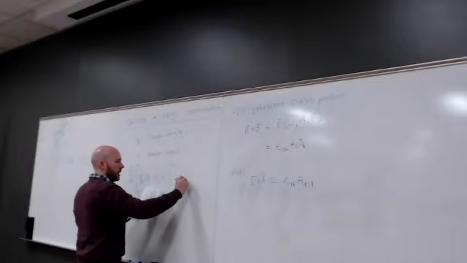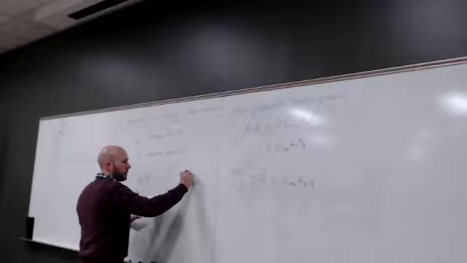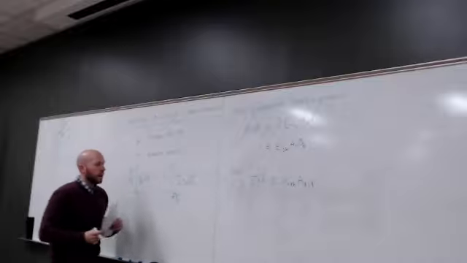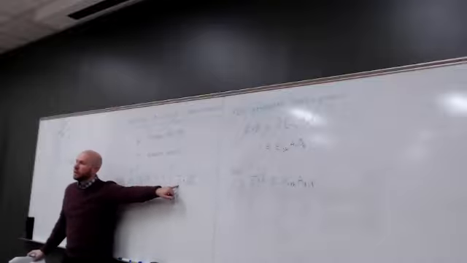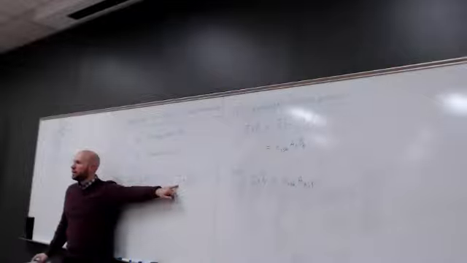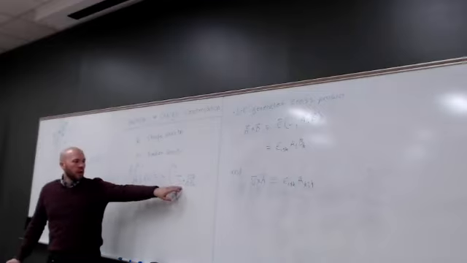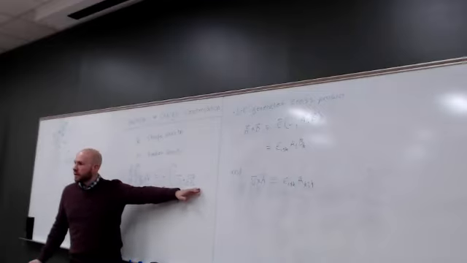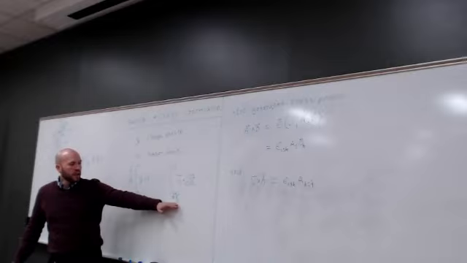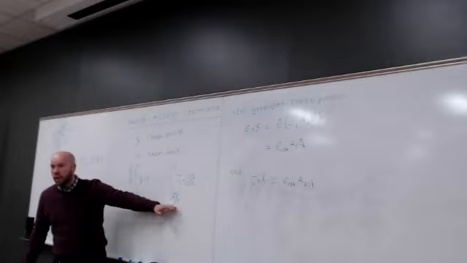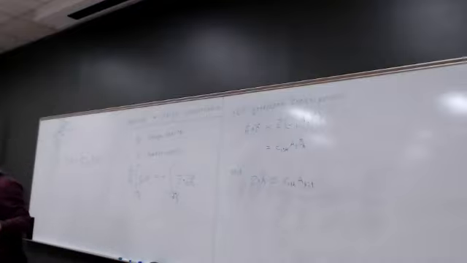J dot sigma, okay? This is the current density, right? So how much charge is flowing? This is the flow of charge. So what this says is that the flow of charge dotted into the surface area, the surface vector, then integrated over that entire surface gives me the total amount of charge that is moving out of that surface.